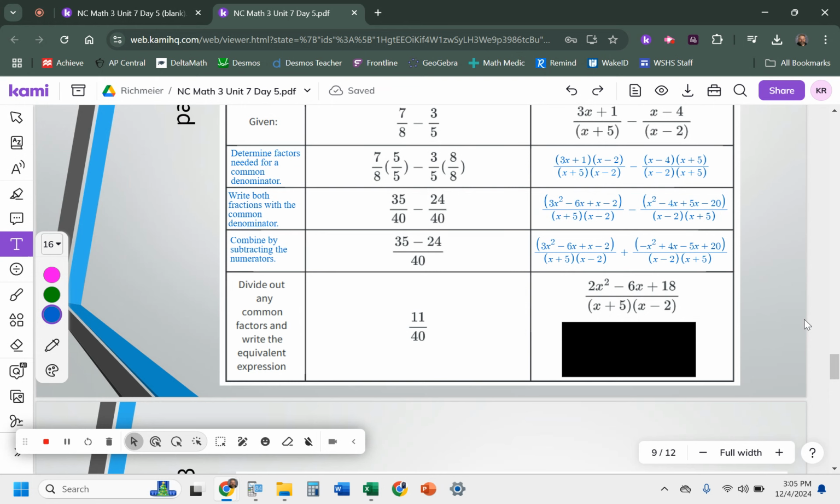That equivalent expression is 2x squared minus 6x plus 18, that entire quantity divided by the product of the quantity x plus 5 and the quantity x minus 2. If you need a moment to update your answers or complete the table, go ahead and pause now and copy it down. Otherwise, we're going to move on to the next problem.